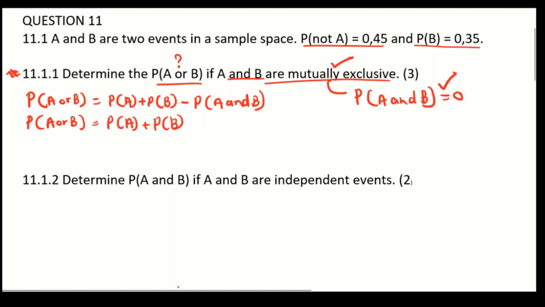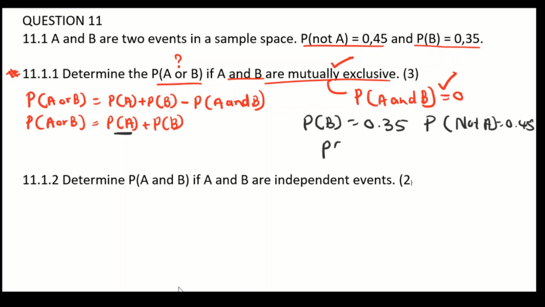But now we don't know the probability of A. We are only given the probability of B, which is equal to 0.35, and the probability of not A, which is equal to 0.45. So to find the probability of A, we're going to say the probability of A is equal to 1 minus the probability of not A. So that's how we find it.